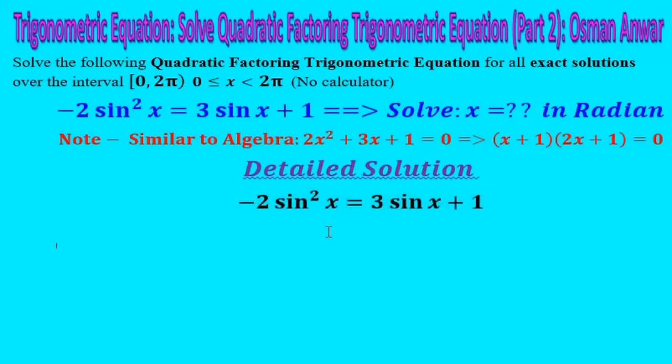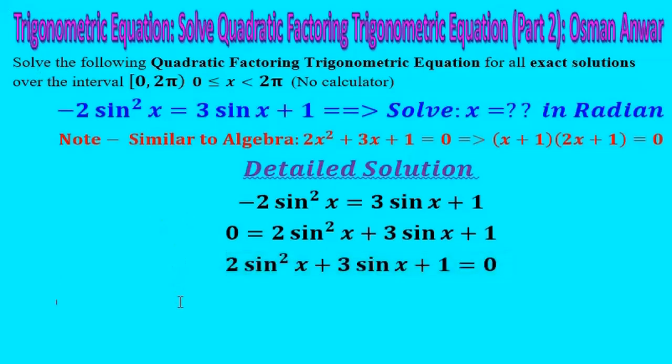Minus 2 sine squared x equals 3 sine x plus 1. We'll move the minus 2 sine squared x to the right, then that is 0 equals 2 sine squared x plus 3 sine x plus 1.